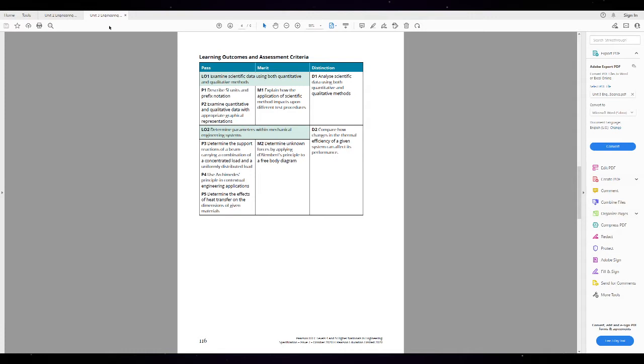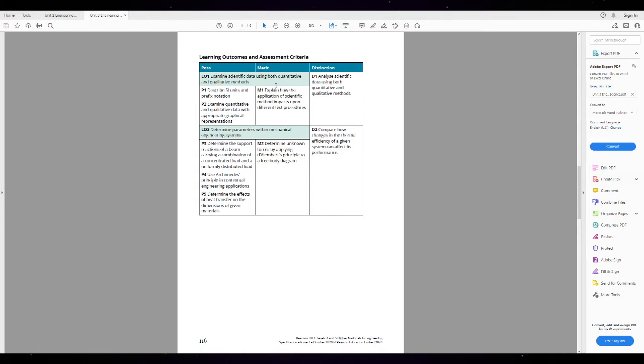But I've looked at it and feel like this lends itself to being assignment 1, where we talk about SI units. Okay, we do an experiment to determine the support reactions of a beam, examine the quantitative data that we've established from the experiment, and the qualitative data that we've determined from the maths.